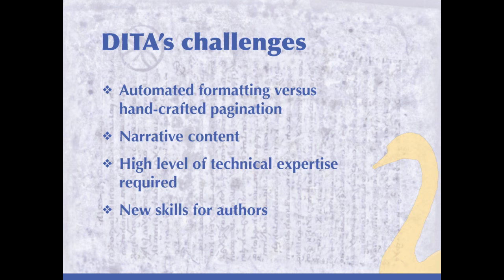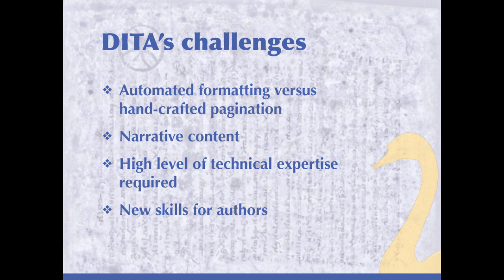That might be HTML, it might be PDF, it could be help systems, it could be all sorts of things. XML and Dita are really, really good at that. They're really, really bad at things like, oh, I really want to tweak that page break on page 17. It is possible to implement workflows where you can still do that, but it tends to destroy the automation and therefore the efficiency. So there's sort of an ongoing debate between these two things.